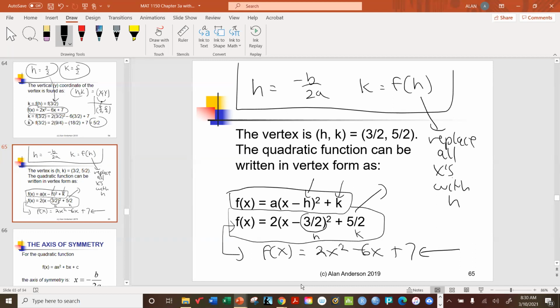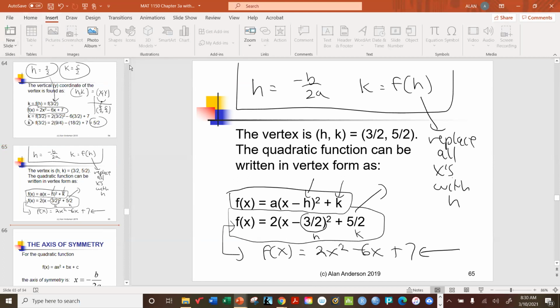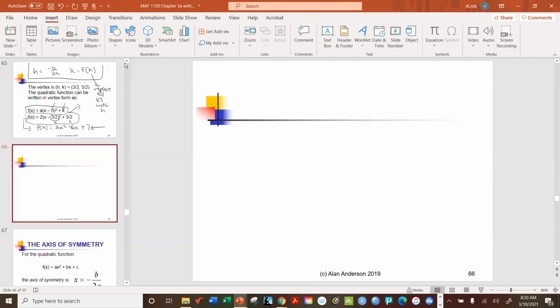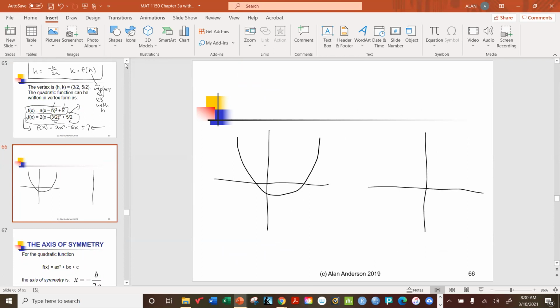So now, how about the symmetry business? If that's the vertex, based on the way a parabola is shaped, it has a very nice regular shape. There's really only two things that can happen. It can be a big U, or it can be an upside down U. That's pretty much the extent of it.